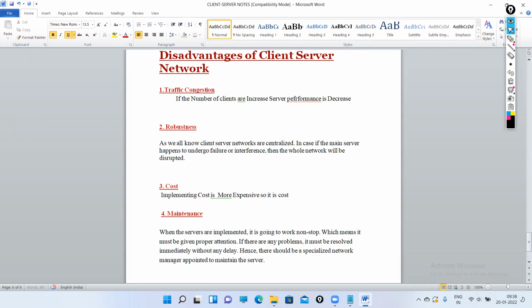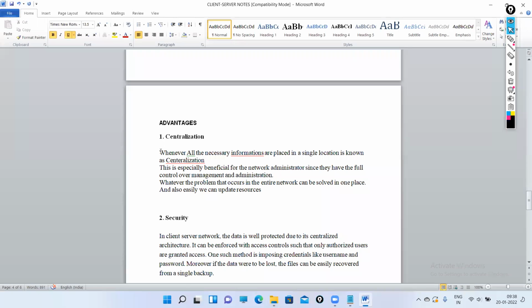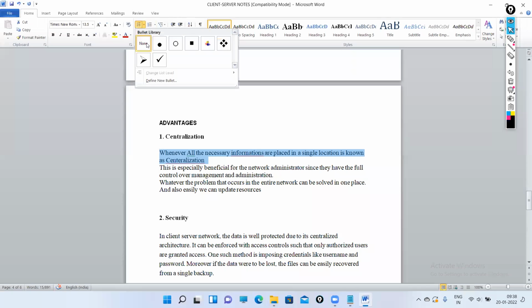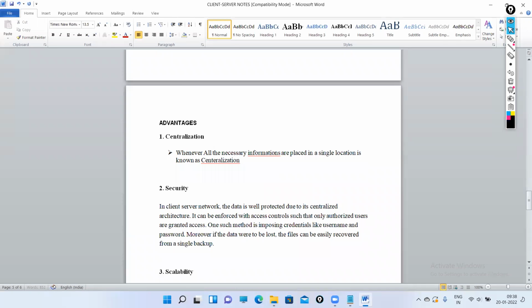Advantages. Advantage means simple: centralization. Whenever all the information is in one place, this is called centralization. The advantages are based on centralization. We have two advantages.